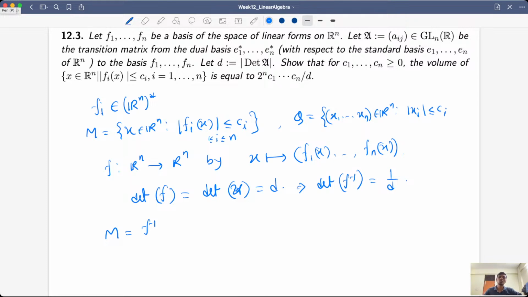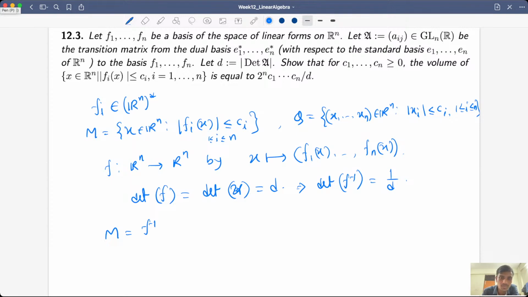That means it is a cube. The usual cube has length 2 in every direction, but in this case in the ith direction you have length 2Ci. So its volume is 2C1, 2C2, ..., 2Cn, which is 2 power n times C1 C2 ... Cn.